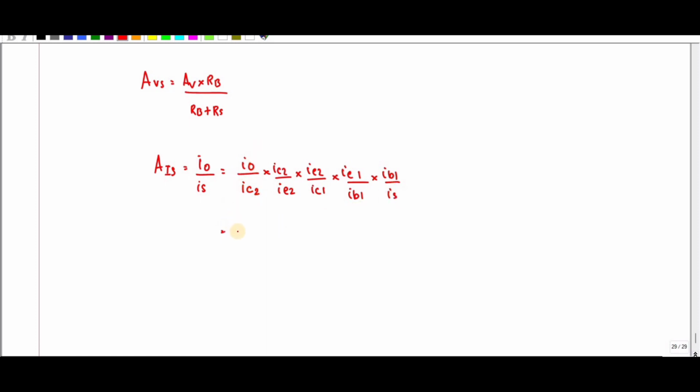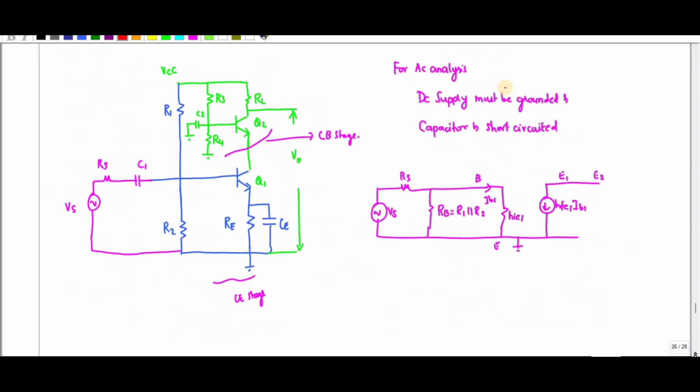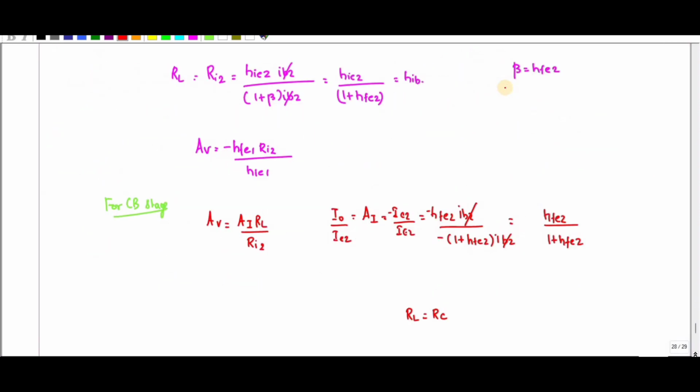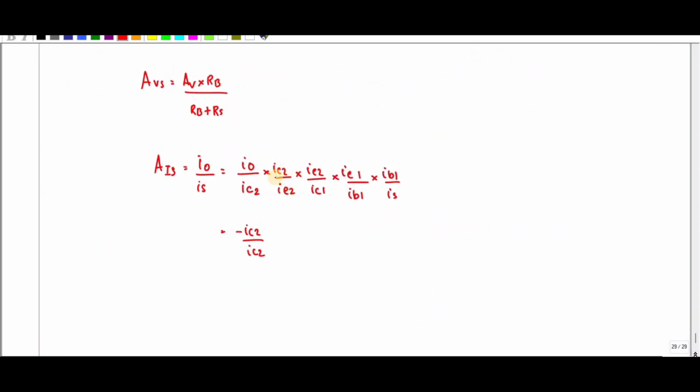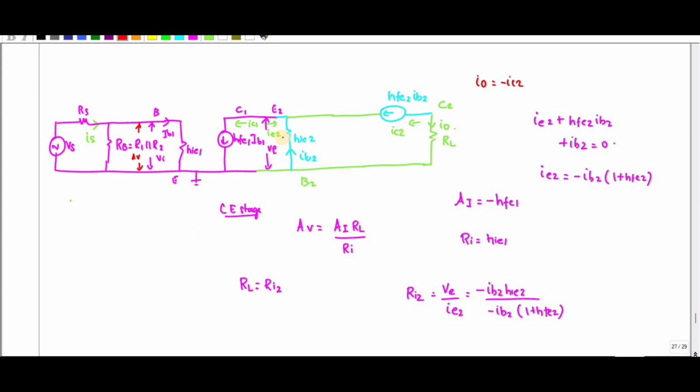So we know that this is nothing but minus IC2 divided by IC2, right? You know that the I naught current is opposite to that of IC2. Okay. And what is IC2 by IE2? IC2 by IE2 is nothing but AI2.